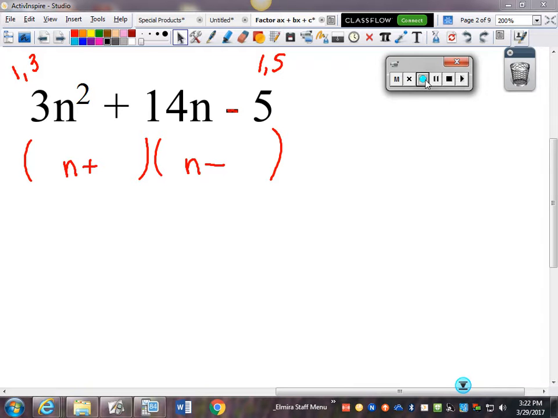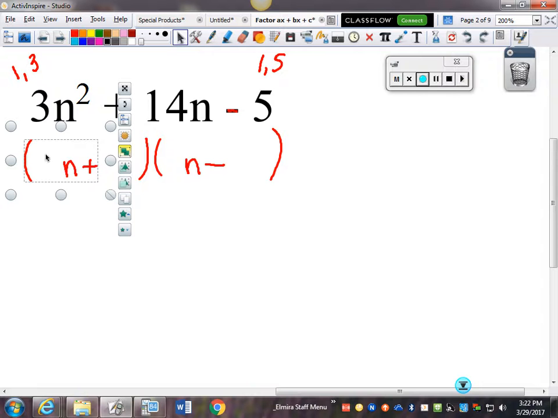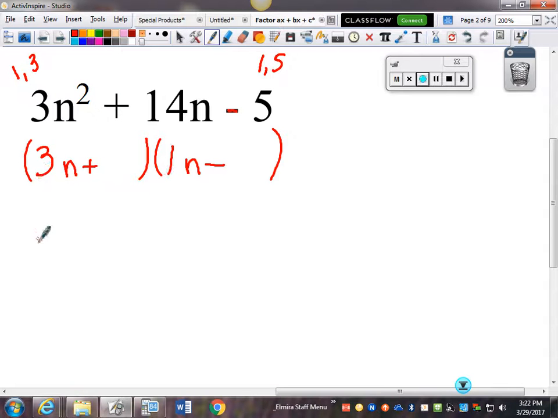So I might try putting the 3 here and the 1 here, and maybe the 5 here and the 1 here. I know if I double distribute, 3n times 1n is going to be 3n squared, and I've set it up to get a minus 5 at the end. So the way I've plugged in numbers, I know my a term and my c term are going to work. Now what I'm checking is, does the way I've arranged these numbers give me a plus 14n in the middle?